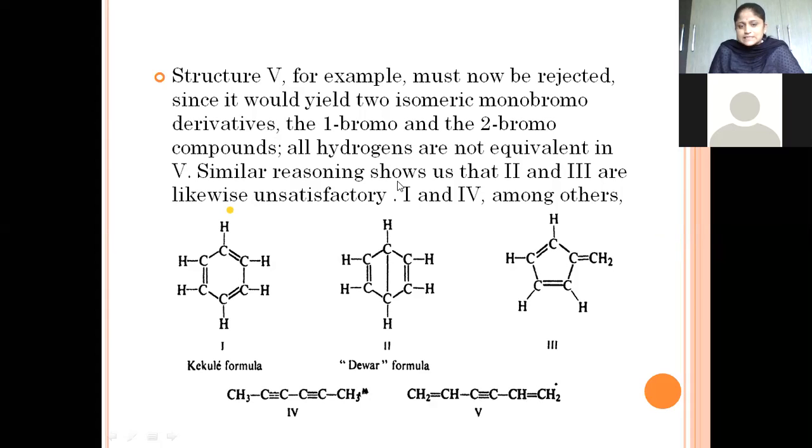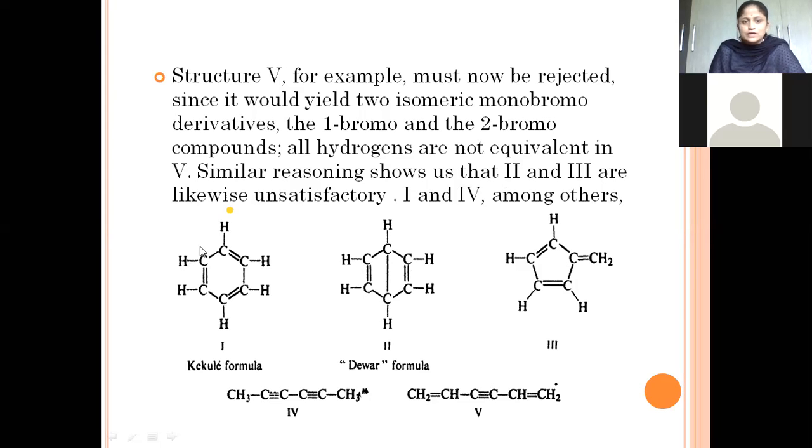So similar reasons show us that structures second and third are likewise unsatisfactory. The same reasons will be applied to structure number 2 and structure number 3. So structure number 1 and 4 remain among the others. So these are the reasons we know that the benzene structure is too much complex in nature.